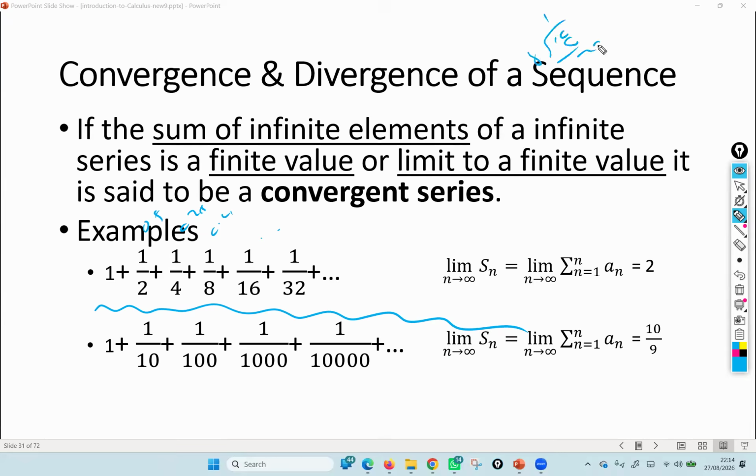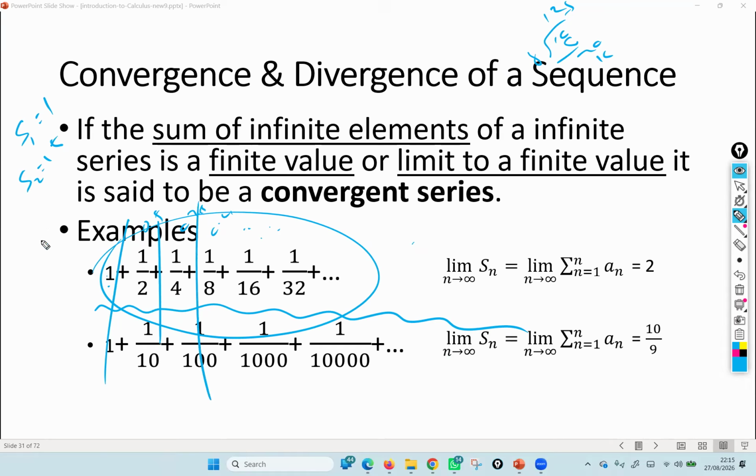It's getting closer to zero. Therefore, this is a convergent sequence. And again, if you analyze the series, S1 is 1, S2 is 1.5, S3 is 1.75.